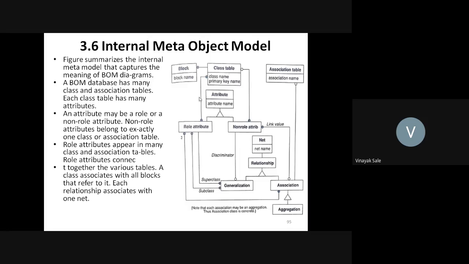Then another class is attribute associated with attribute name. So it has two parts: role attribute and non-role attribute. And the non-role class table is also associated with non-role attribute.